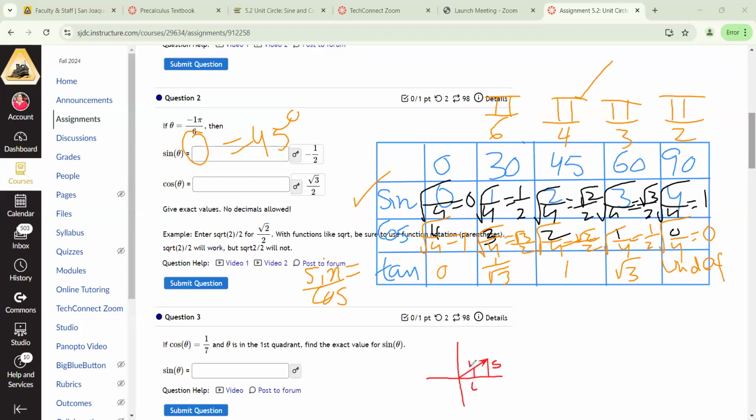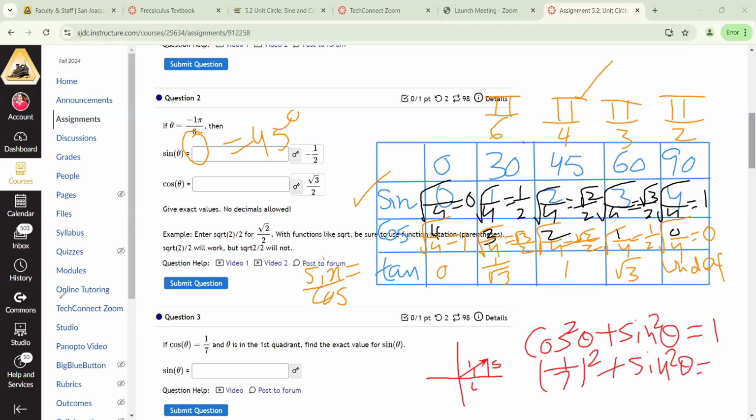And this is a unit circle. So we have that formula, which is cos squared theta plus sine squared theta is equal to 1. Cos theta is given to us as 1/7, so we fill that in: 1/7 squared. Sine theta, we're going to find out as the exact value.